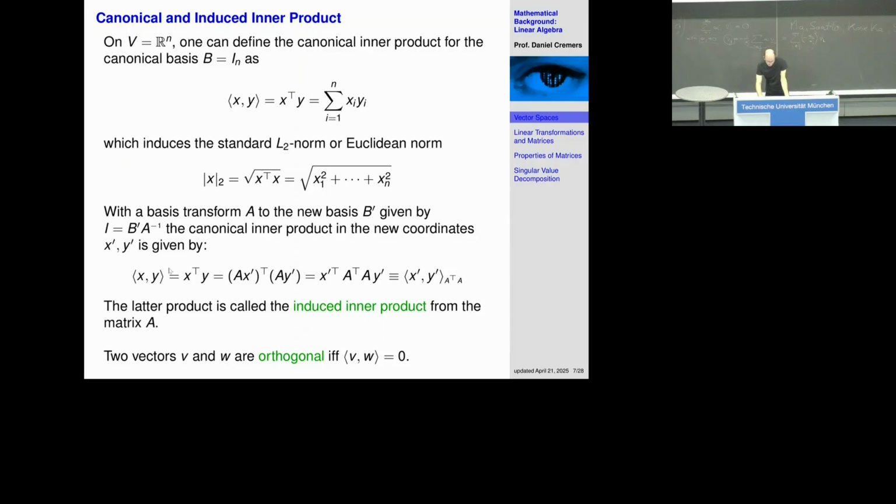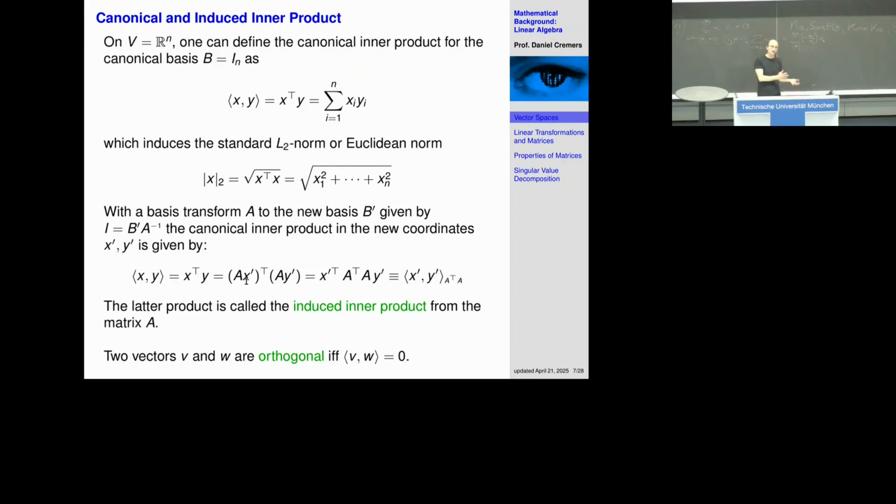So I can write x times y like that, and then if I have a different basis, with coefficients x prime and y prime that express the points x and y in a new basis, then I have this basis transform, and I get the same dot product, but with this A transpose A in the middle. And so this allows you to transform from one inner product to another inner product.